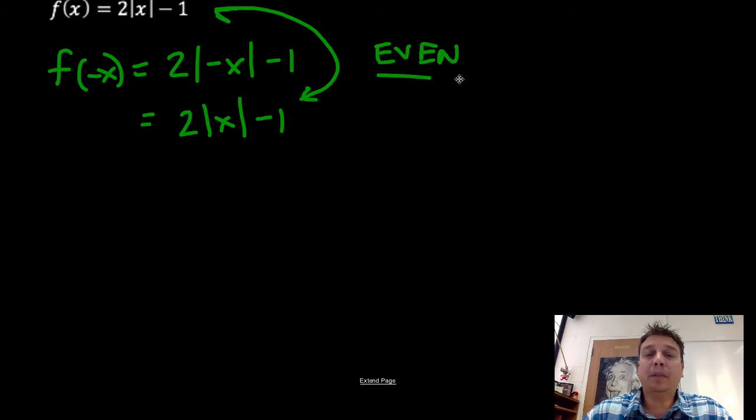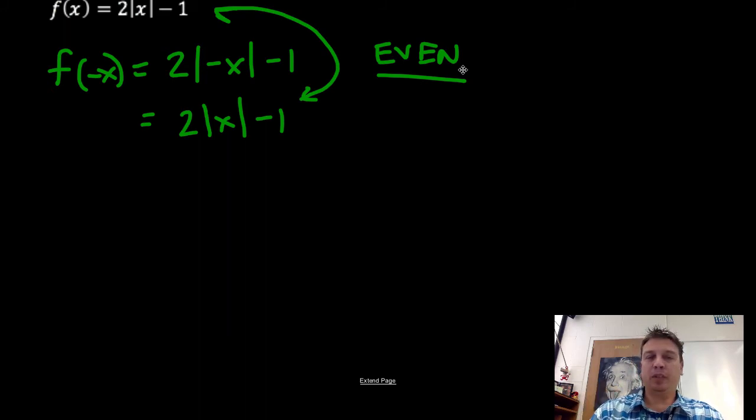So the process by which to determine whether something is even or odd is not overly difficult. If you take a look at the graph and determine whether it's symmetric about the y-axis, it's even. Symmetric about the origin, it's odd. If it doesn't fit either one of those, it's neither.